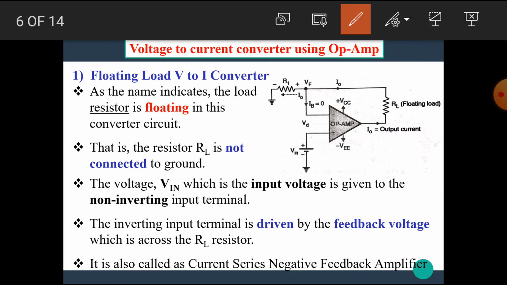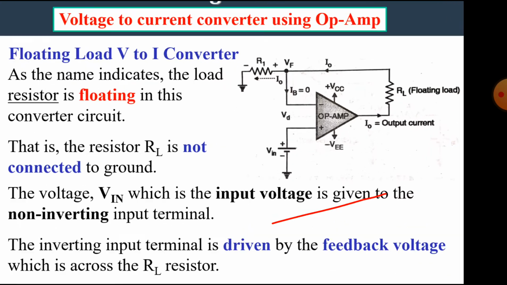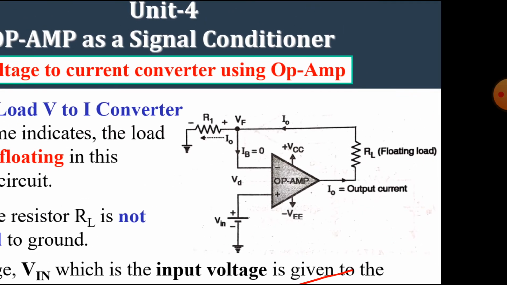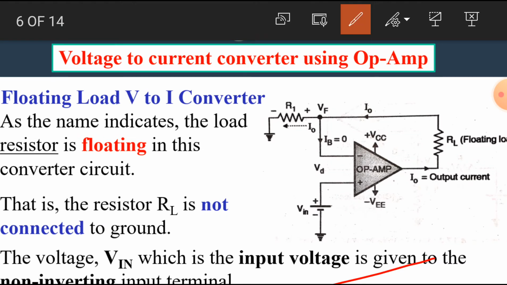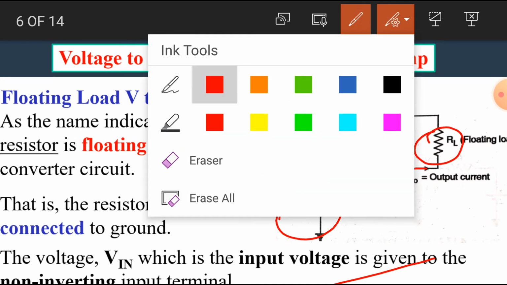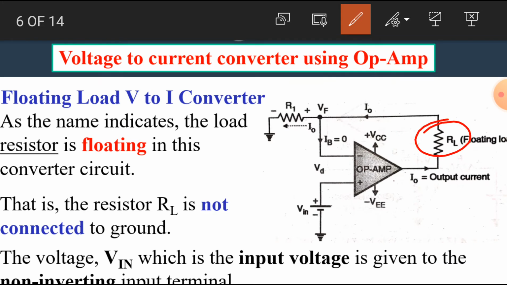Okay, I hope you all understand this circuit diagram. Let's see once again. If we look carefully at the diagram, we can see that the input supply is given to the non-inverting terminal and the output is connected to the inverting terminal through load RL. Here load RL is not connected to ground, hence it is known as the floating load.